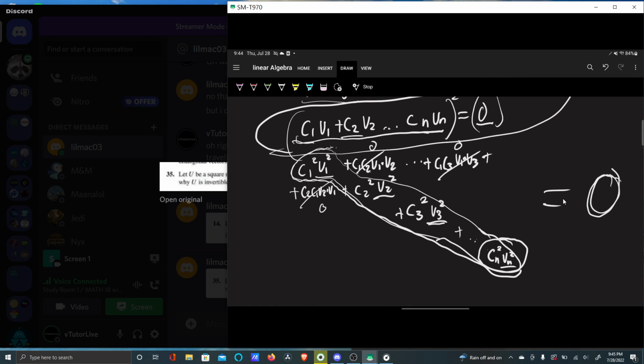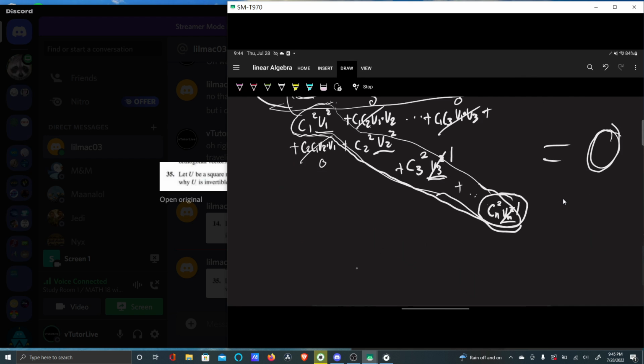So every single one of these is a 1. So this is basically claiming that C1 squared plus C2 squared, all the way adding up to Cn squared, is equal to 0. But this entire case was assuming that this was a non-trivial linear combination.